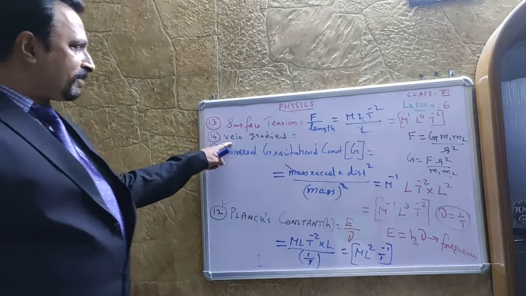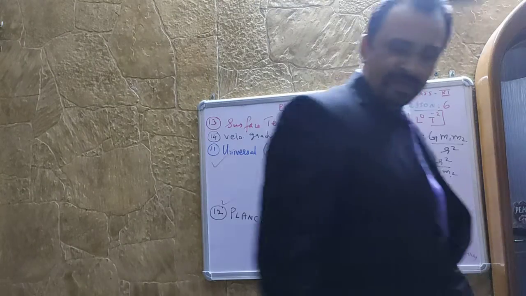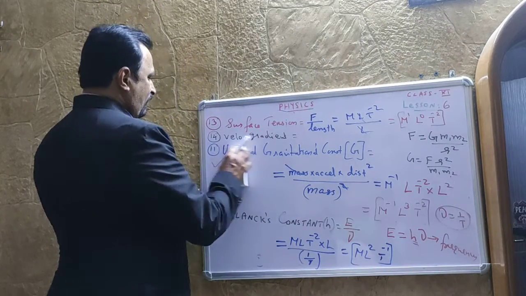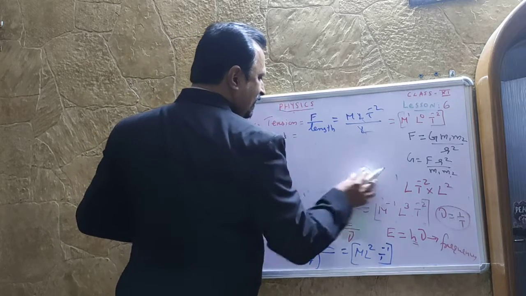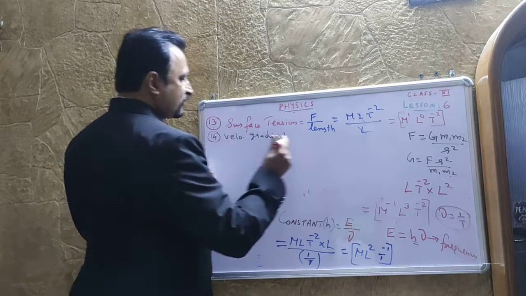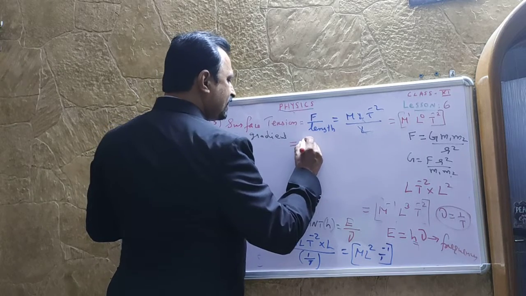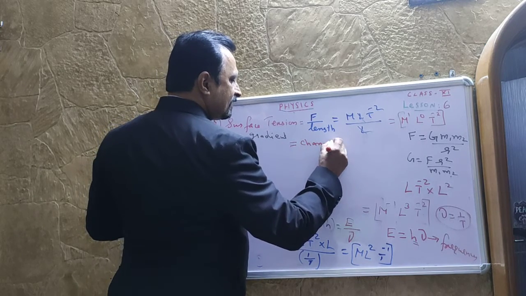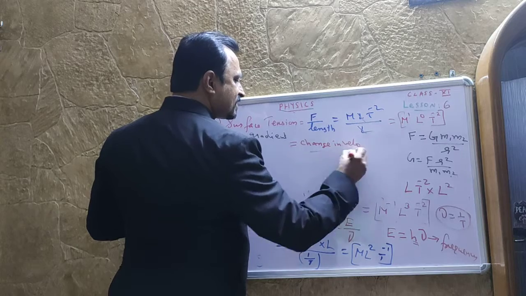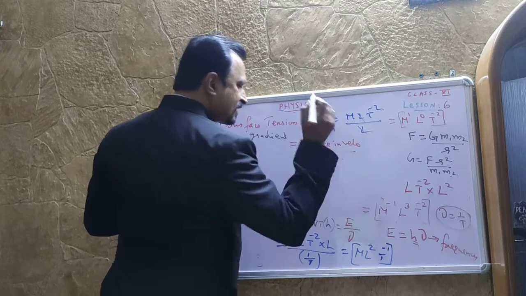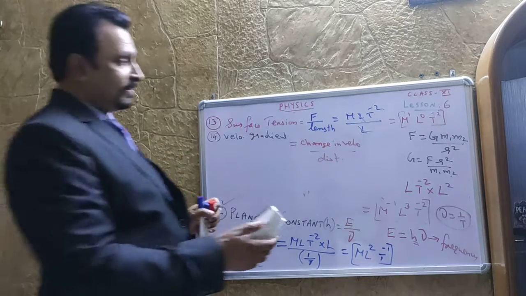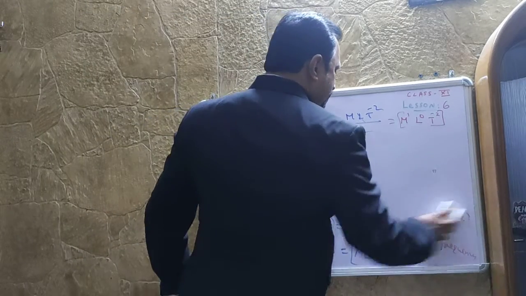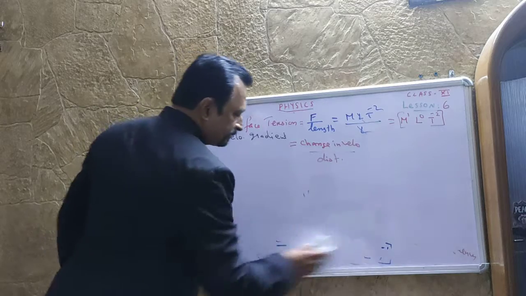And you can see one more new term here, that is velocity gradient. Velocity gradient or any gradient, what is the meaning? You will study about potential gradient also in your electrostatics or electricity. So velocity gradient means change in velocity upon distance. Meaning, with respect to distance, how velocity is changing. That is called velocity gradient. Now, it is a very simple thing to write the dimensional formula again.